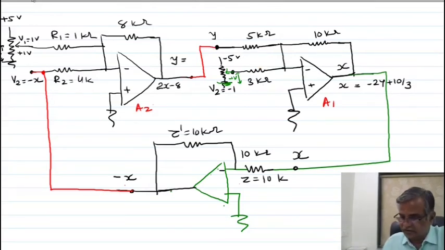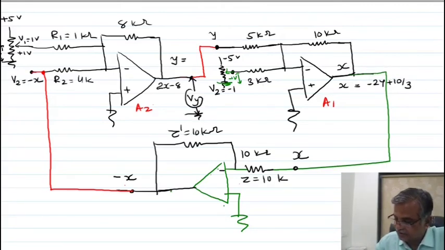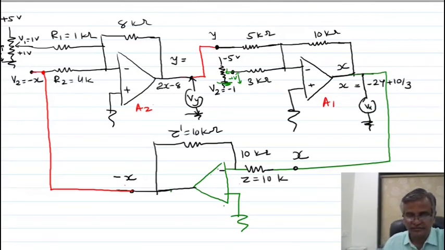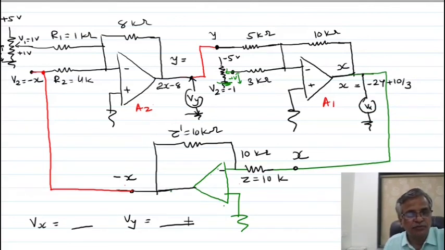Now if you connect your voltmeter between this point, you can read the solution. If you connect between this point, you can read the solution. Now you have to find the values of Vx and Vy yourself, and I'll put this on the Moodle platform as an MCQ.